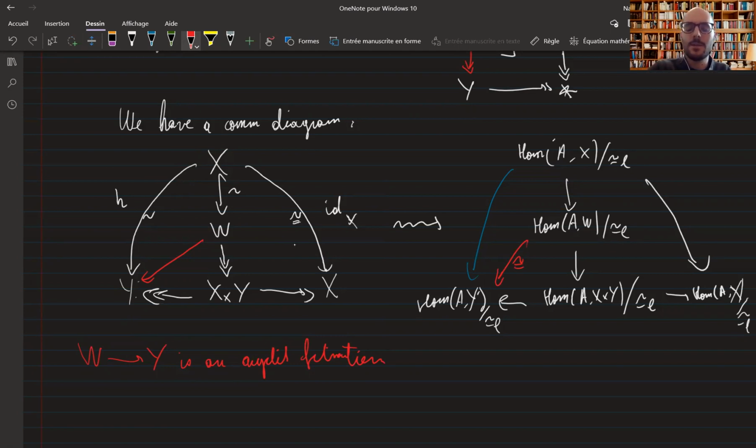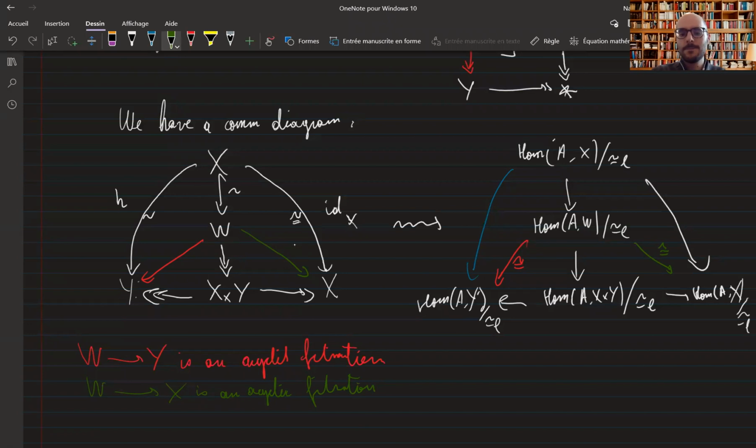Post-composition by an acyclic fibration is a bijection. The second map to which we are going to apply the result is a green map. So similarly, W to X is an acyclic fibration. And therefore, this map is a bijection.